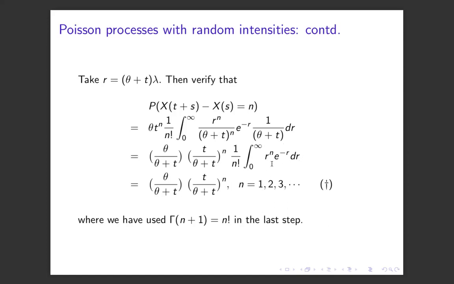Since the index here is n, an integer, this gamma integral is gamma of n plus 1, and one knows that gamma of n plus 1 is n factorial. So therefore, this whole integral part is equal to 1.